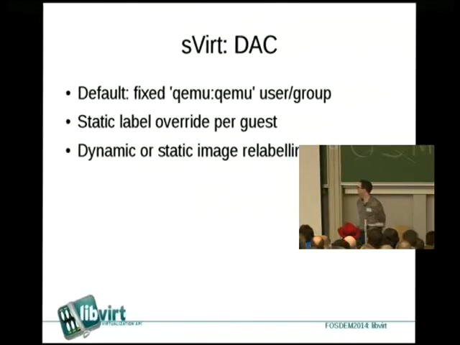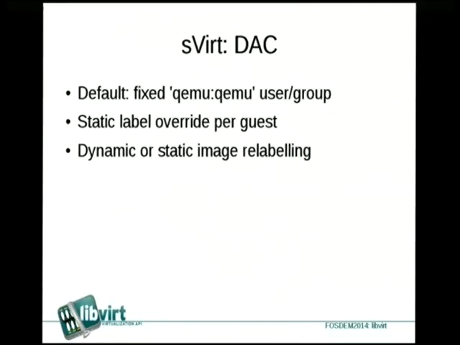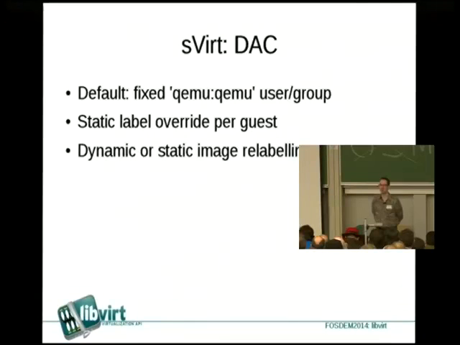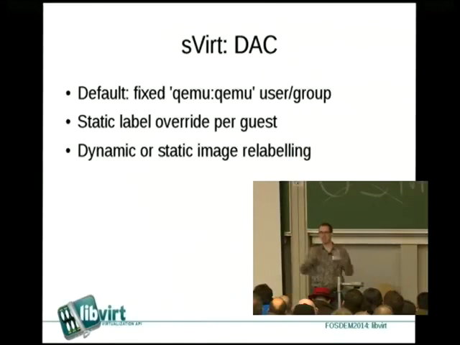Further developing the SVirt framework, we've now introduced a proper discretionary access control mechanism. So a few minutes ago I said every QEMU process runs as the same user ID. Well, now it's possible to give them all their own unique user ID.